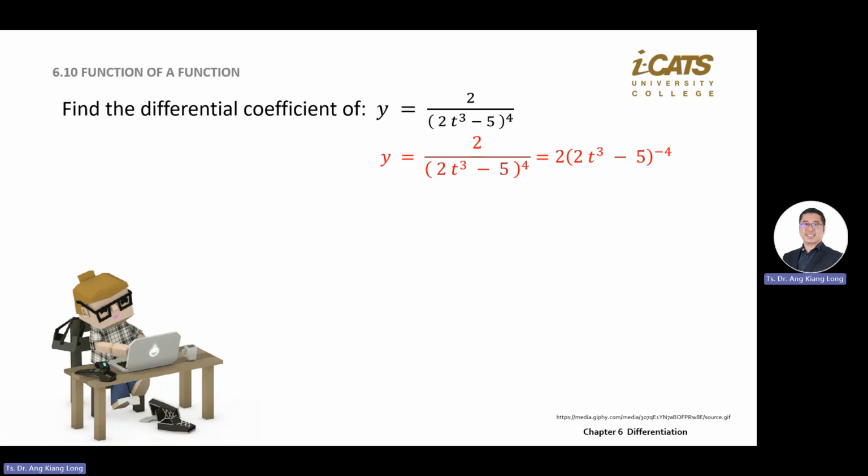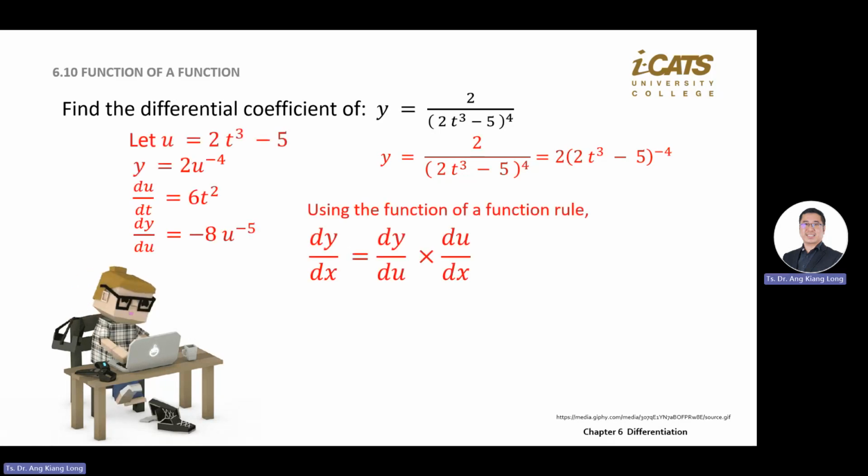Of course, you can say, sir, can I use the quotient rule? Can, go ahead. But the quotient rule is a bit further, because it's v squared some more, and you need to do a lot of steps. This one is just substitution.